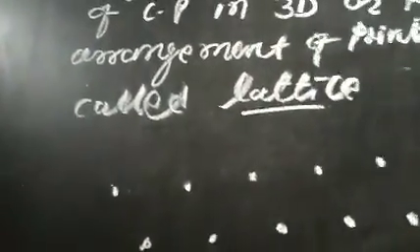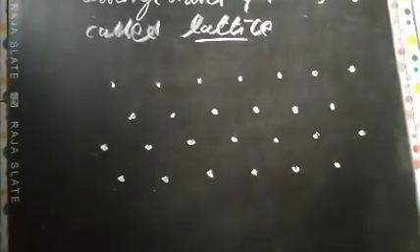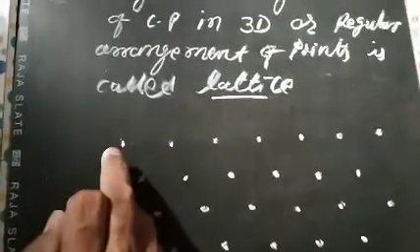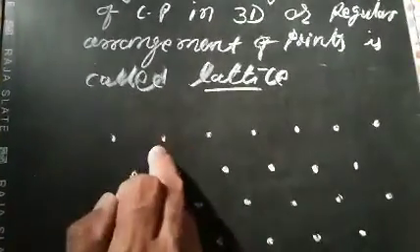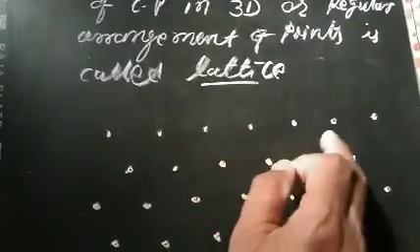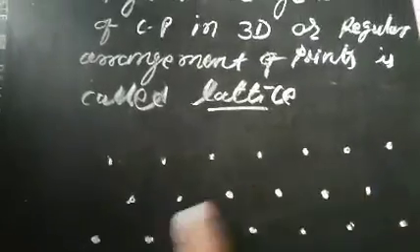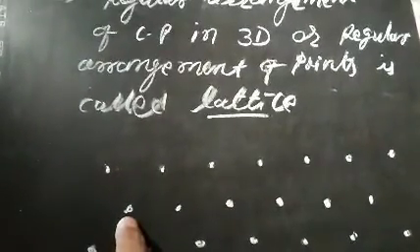Okay, so here we arrange some center points of atoms in this situation. Okay, it forms 3D dimension. So here first, second, third, fourth, fifth, sixth, seven. Then the second row I arrange here.